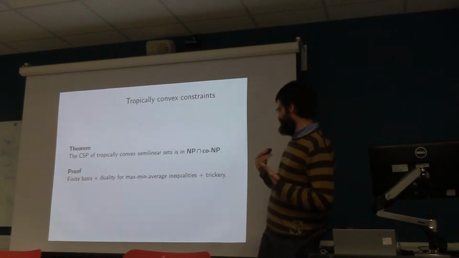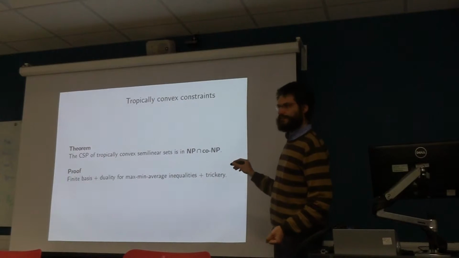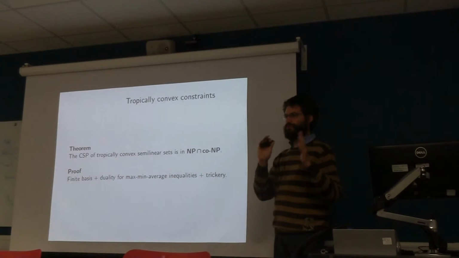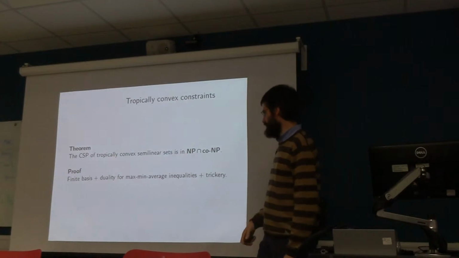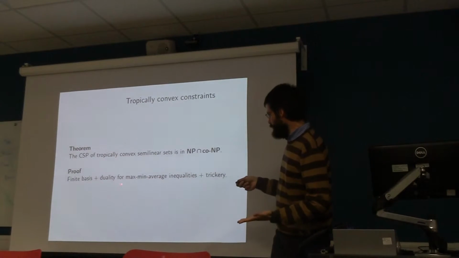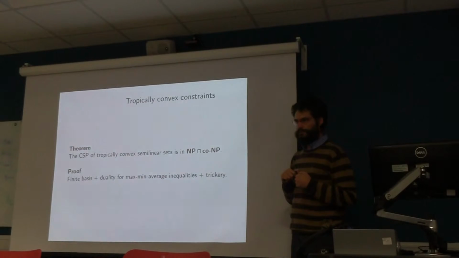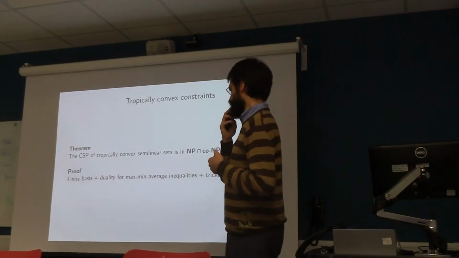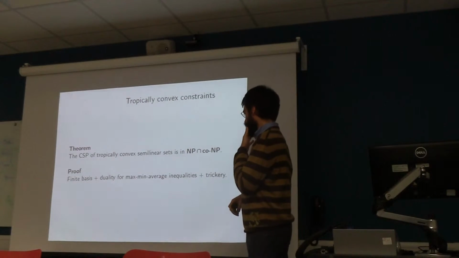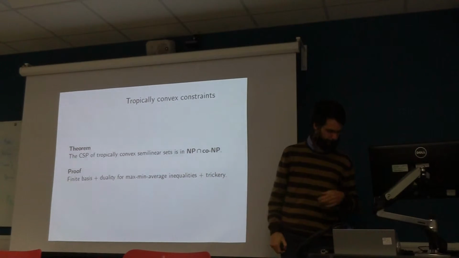The proof is based on this. Essentially, we write these on a finite basis, so then we have to deal only with these finitely many constraints that we know very explicitly. Then we prove a duality theorem, a lemma, for the specific problems that we are interested in, and then we do something.